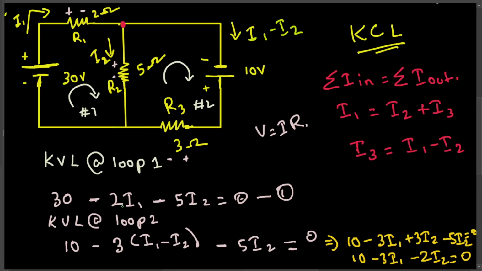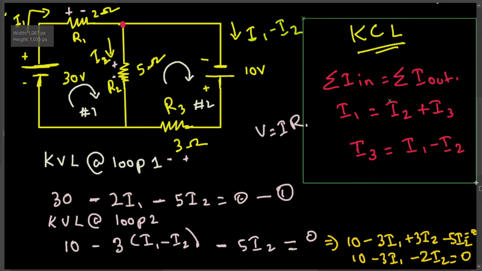So here we have 30 minus 2 I1 minus 5 I2, and here we have 10 minus 3 I1 minus 2 I2. So what we can do here is try to make this I1 equal and eliminate them. To do that, I'm going to remove this one here because we are lacking space.